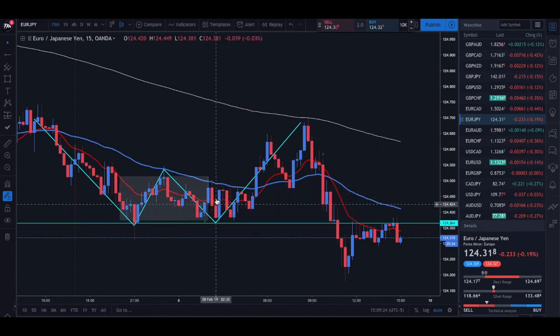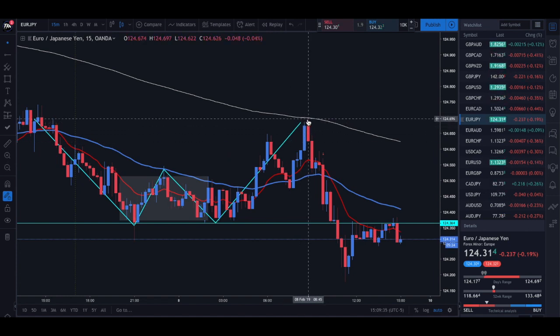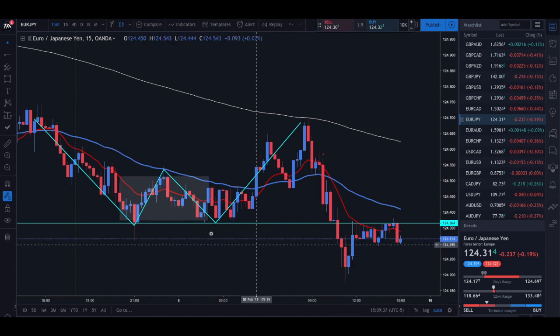Okay, what they're doing here is basically accumulating contracts so they can go up to the 200 EMA. Now if you see, once they get up here, they drop again, right? But there's two different things that you should see here. One is the W, right, that you can take to the 200 EMA, and then the second one is this one here.